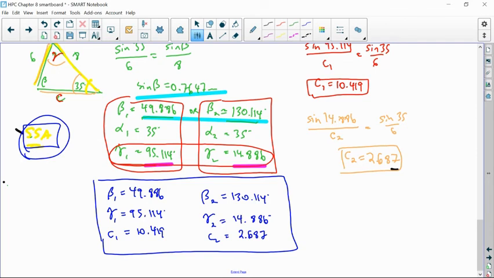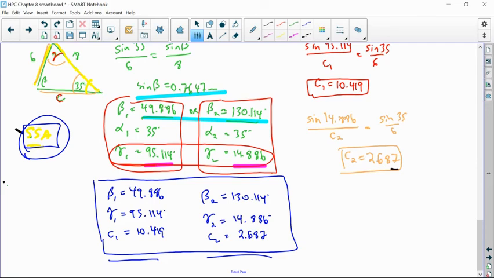These two triangles I've just solved for are not congruent. They have different side lengths. But they still share two sides that are the same and one non-included angle that's the same, while the other pieces don't match up. I just wanted to tie that back to geometry from a while ago.